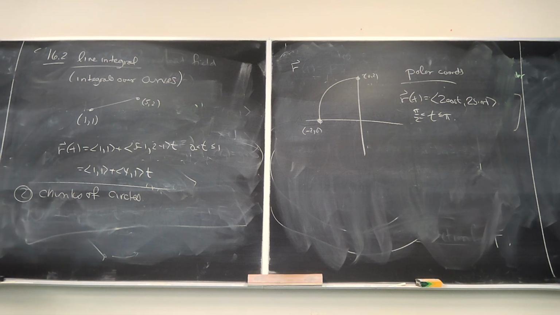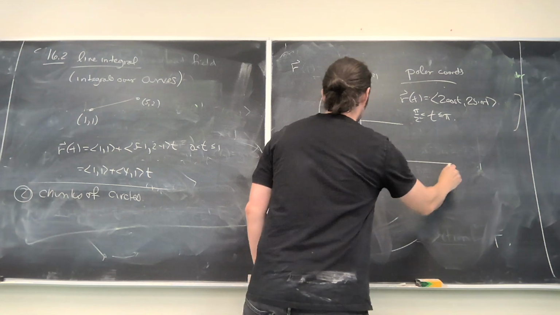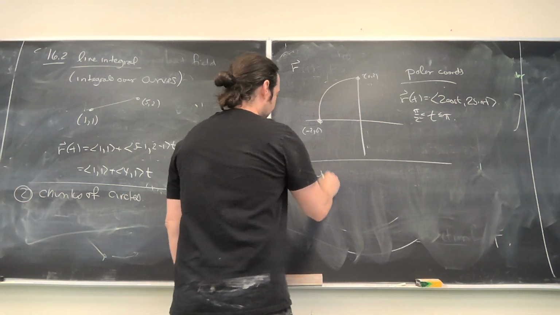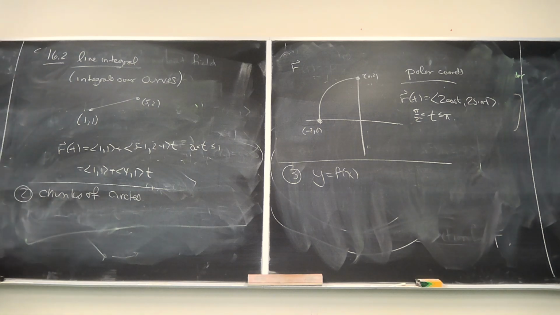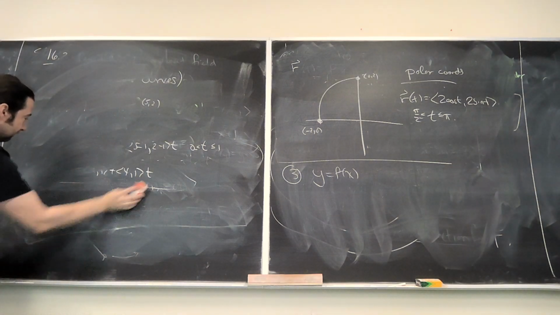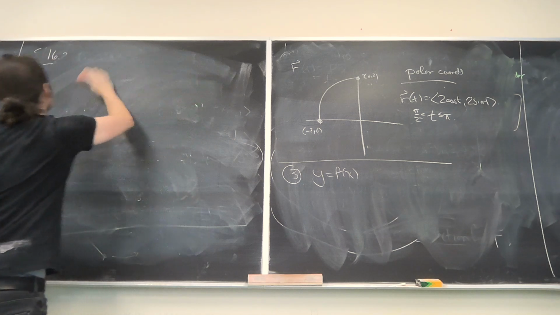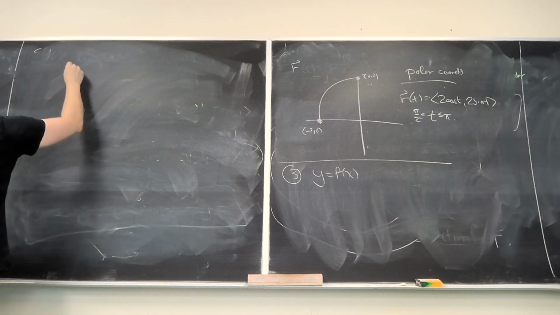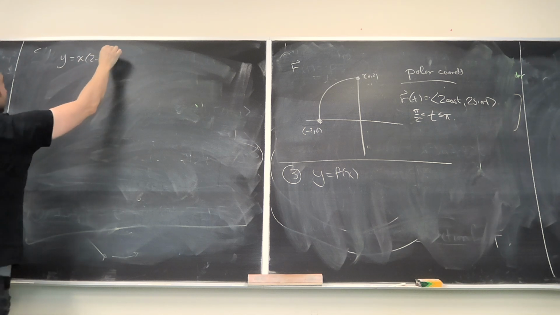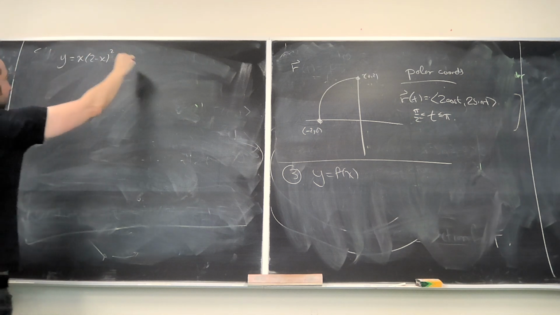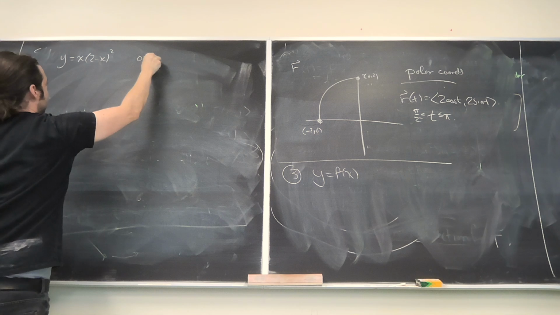Third case. y equals f of x. That is the case of functions. So if I gave you a function to parameterize, for example, y is equal to x times 2 minus x squared, where x goes from 0 to 2.